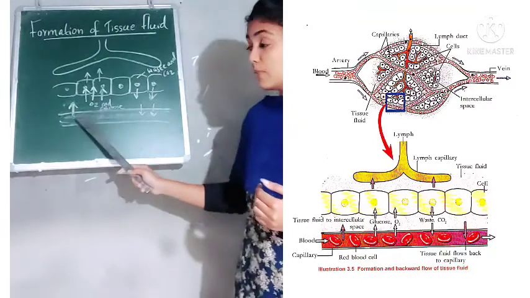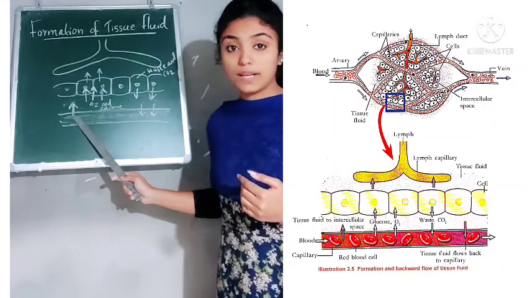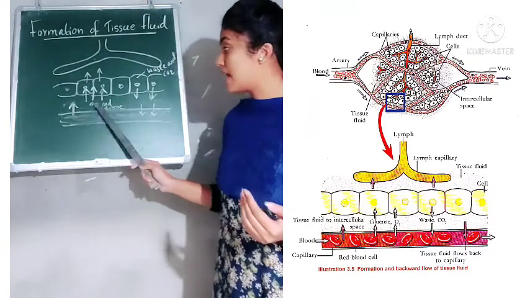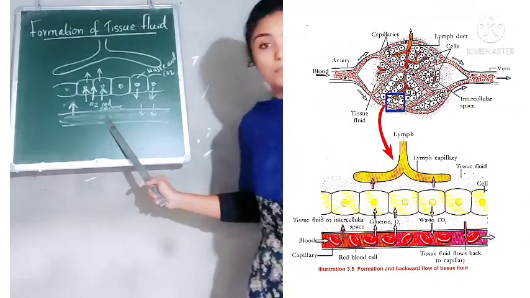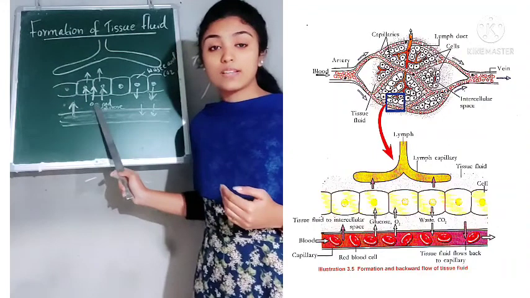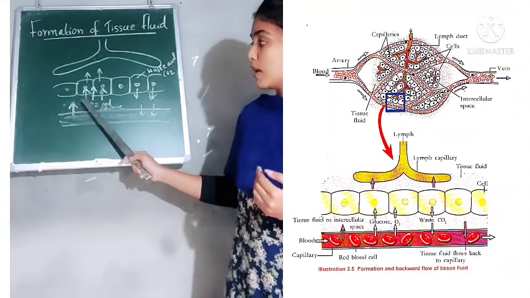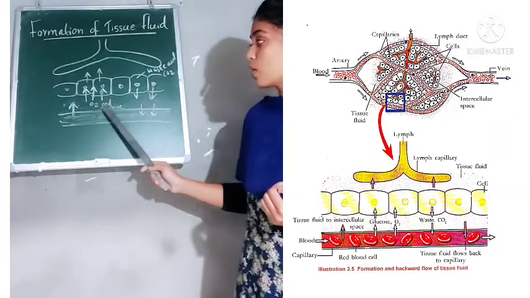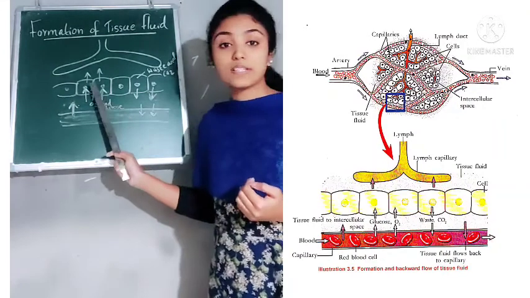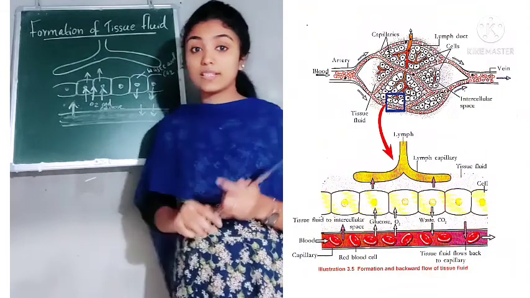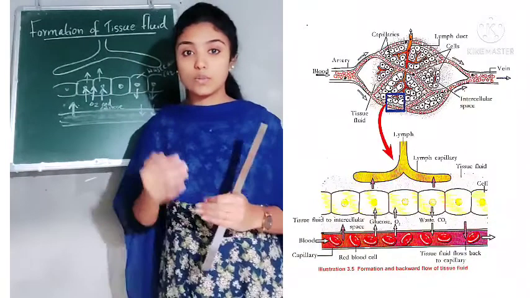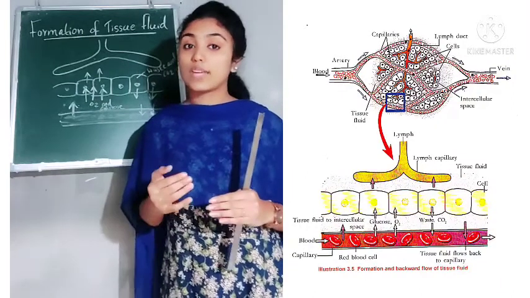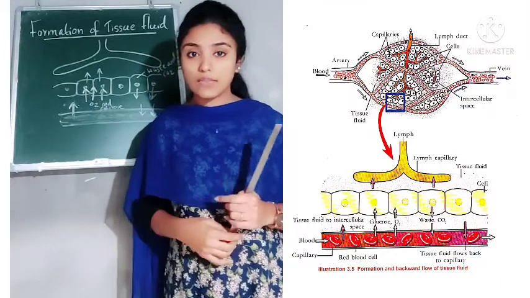When the fluid oozes out from the blood capillary, it also carries oxygen and glucose from the blood into the intercellular space. And from the intercellular space, the tissue fluid along with oxygen and glucose enters into cells, so that the cells get oxygen and glucose. So now the cells can utilize oxygen and glucose for carrying out various life activities.